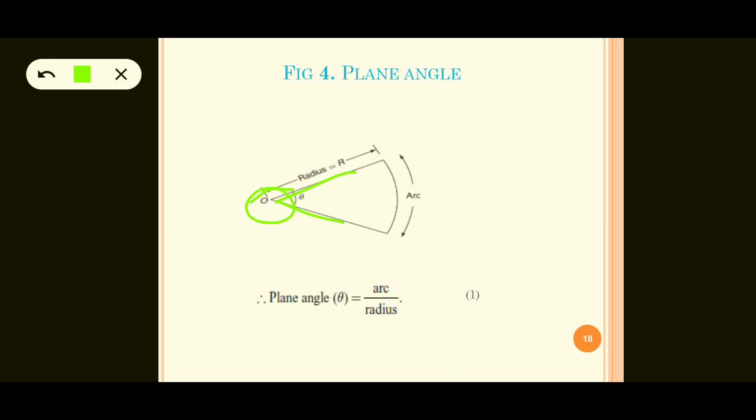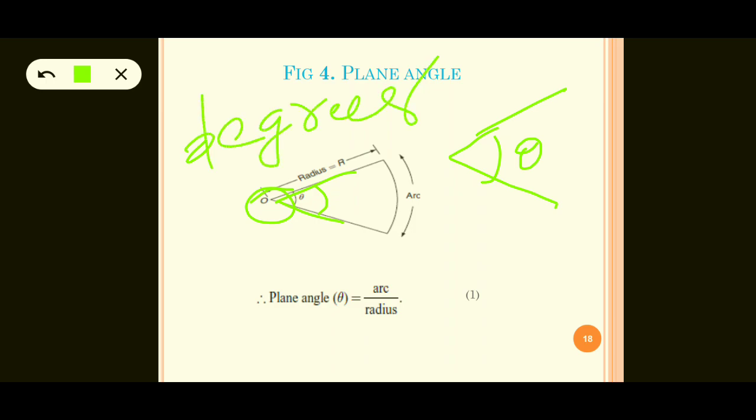Next point, it is denoted by the Greek letter theta. So here, the two converging lines at a point make the angle theta, measured in degrees or radians.